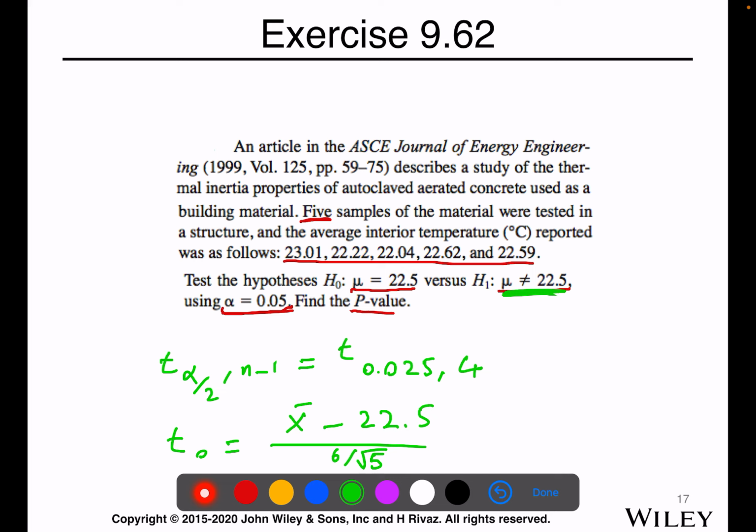Okay, so to calculate x bar, we have to add up all of these numbers, and to calculate, oh, sorry, not sigma. What I wrote is incorrect because we don't have sigma. So this is S, right? Sigma is unknown.